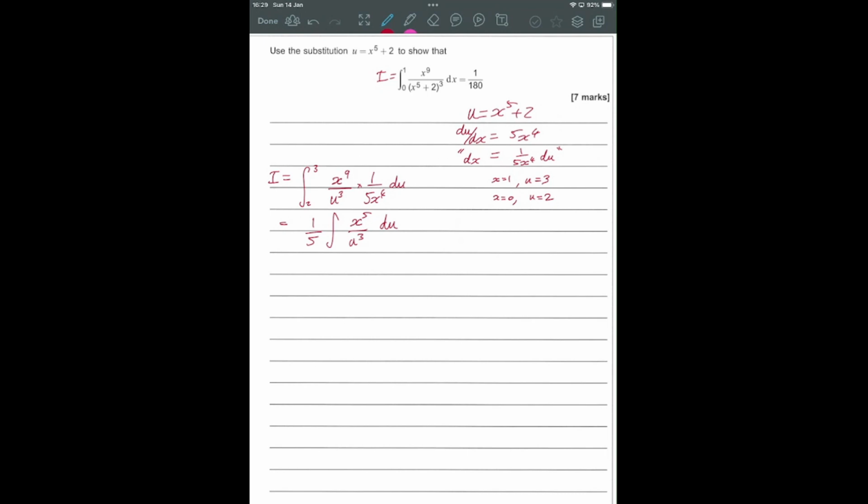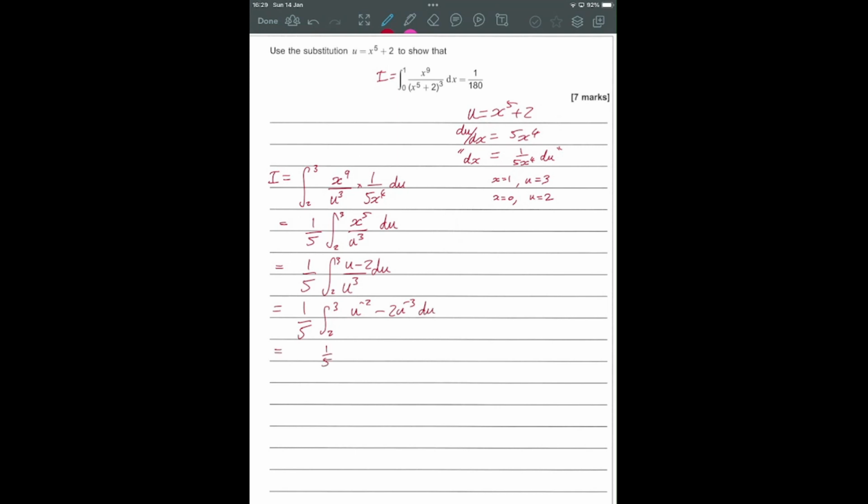I still have an x to the 5 on the numerator, but that's not too much of a problem once I remember that x to the 5 plus 2 was u, so x to the 5 is u minus 2 du. To put this into an integratable format, let's do the division and write them as negative powers. So I'm going to divide both of them by u cubed, as so.